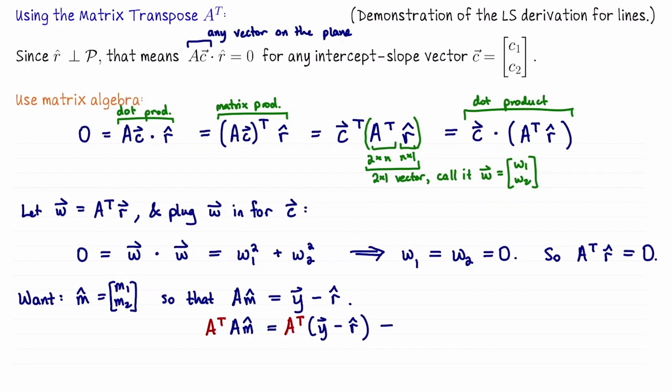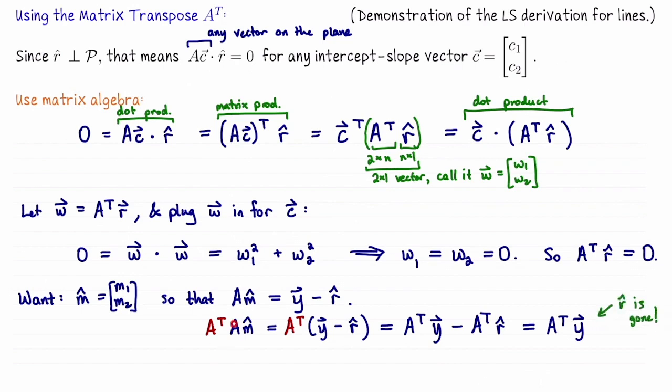Now on the right-hand side of the equation, we can distribute the A transpose matrix, so that's going to be A transpose y minus A transpose r hat. That second term is 0. That was the whole point, really, of the calculation we just did. Now we can get rid of r from this equation, and we're just left with something to do with y on the right-hand side, A transpose y.